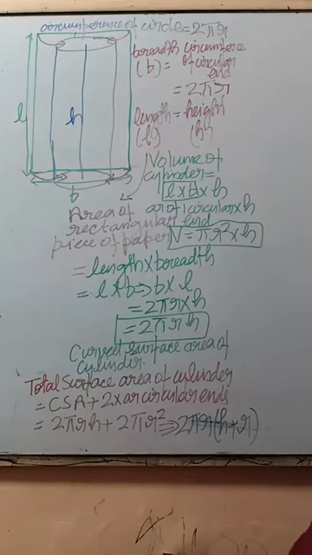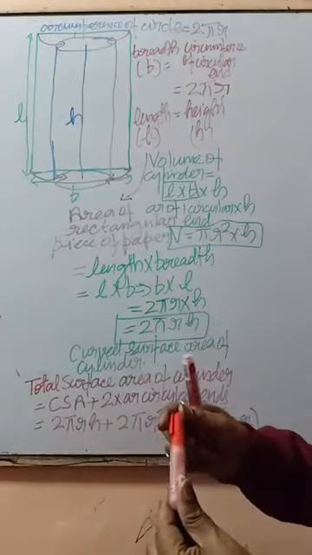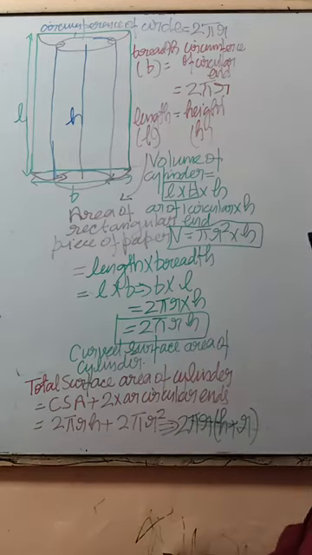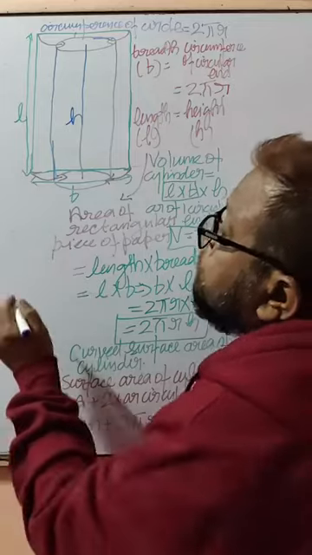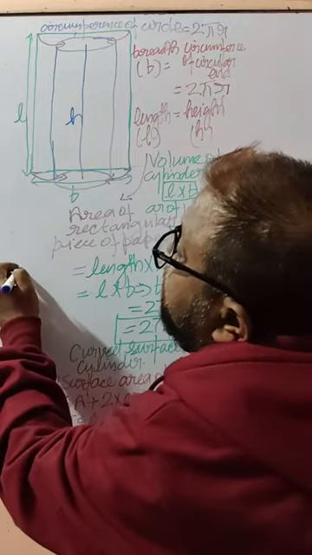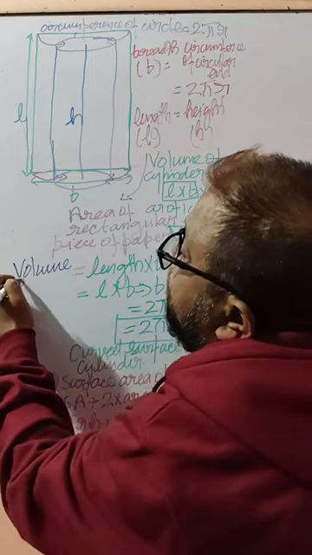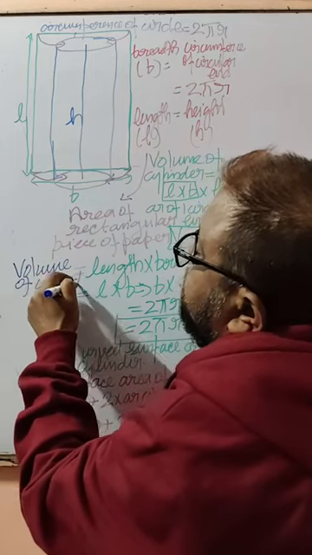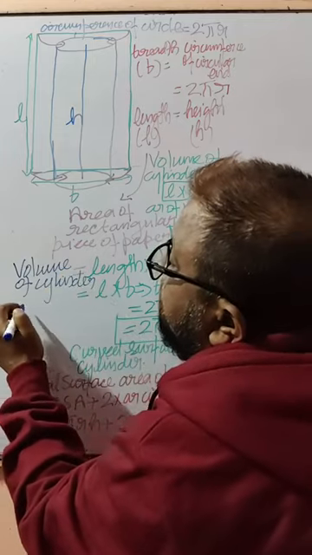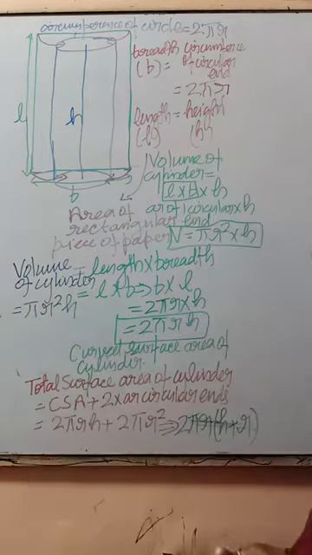So what did I say? Volume of cylinder is equal to pi r square h.